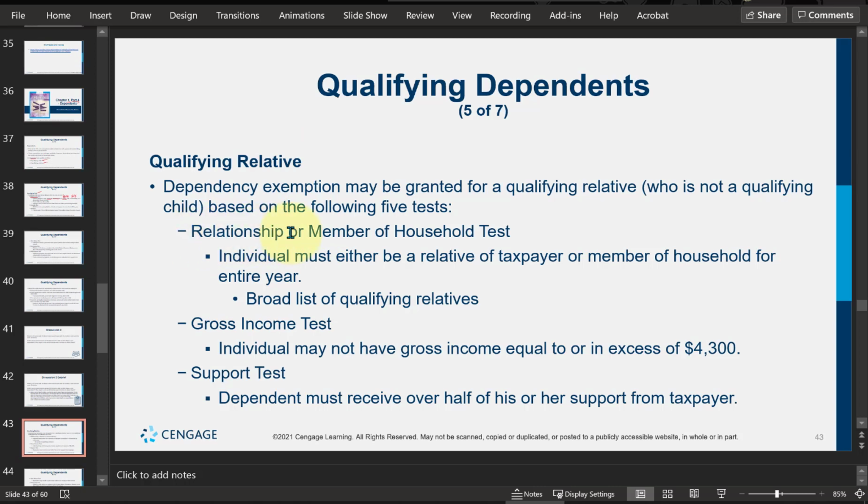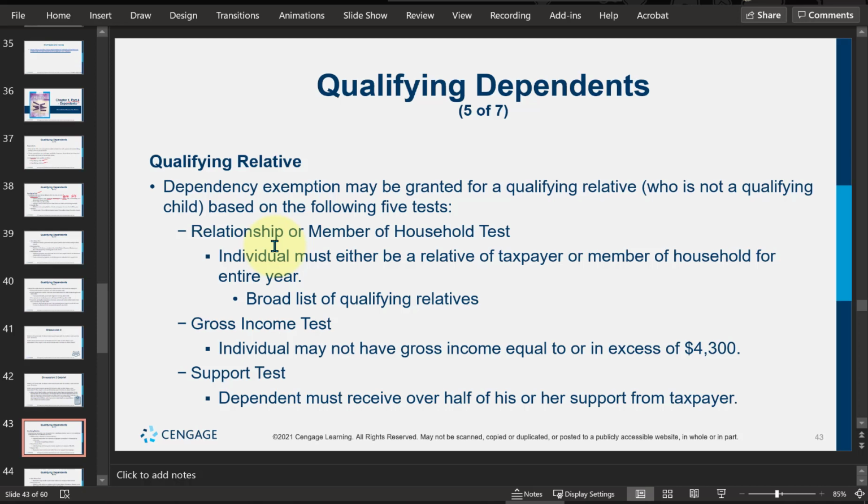And the previous relationships we saw for a qualifying child also count as a relationship here for qualifying relative. But also, you can claim people that are ancestors. Here it says broad list of qualifying relatives. So now you're also looking at relationships that include your parents, your father and your mother, and their parents, your grandparents. Also, aunts and uncles can qualify to meet this relationship.